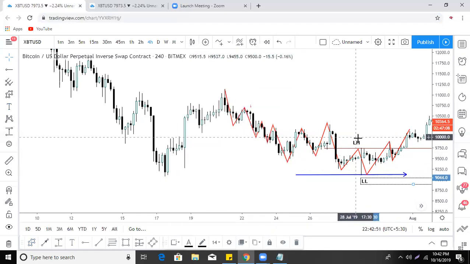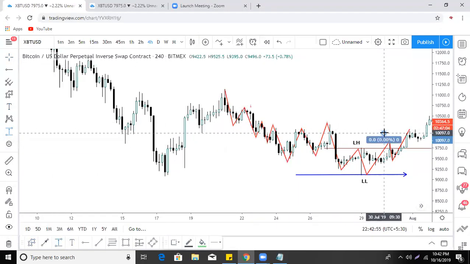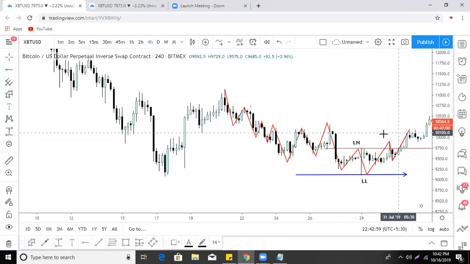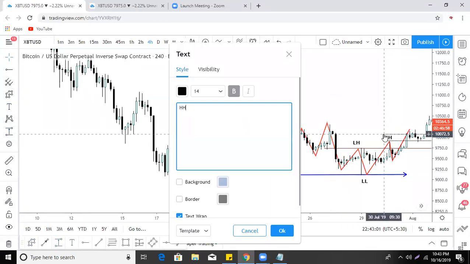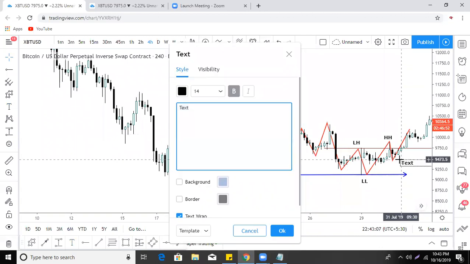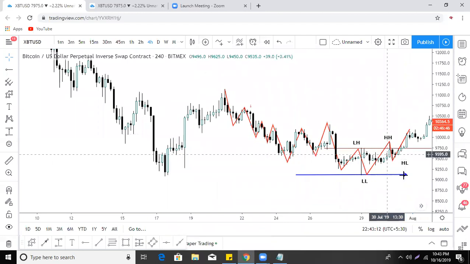This was the lowest low, and after that we got another higher high. After that, we got another higher low. So when price starts forming a higher low, what happens? The uptrend starts. So we know now that the price is in an uptrend.